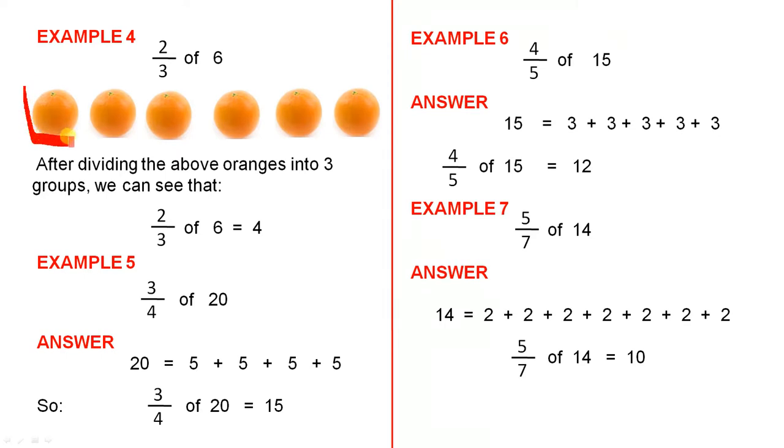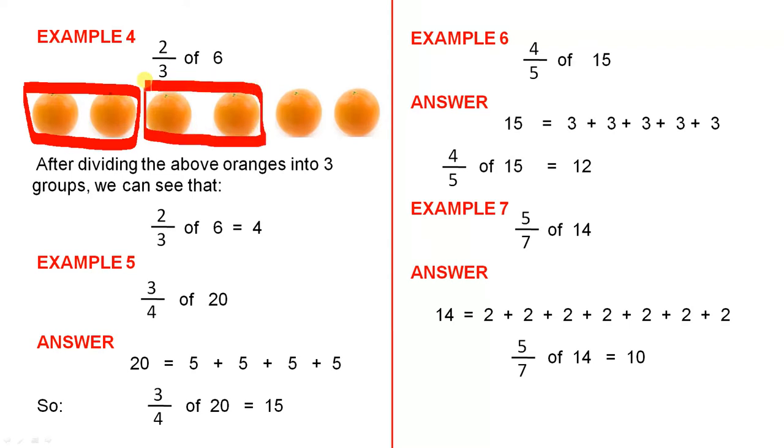So here's one group, 2 groups, 3 groups. The 2 tells us that we are only interested in 2 of those groups. So 2/3 of 6 equals 4, because those 2 groups contain a total of 4 oranges.